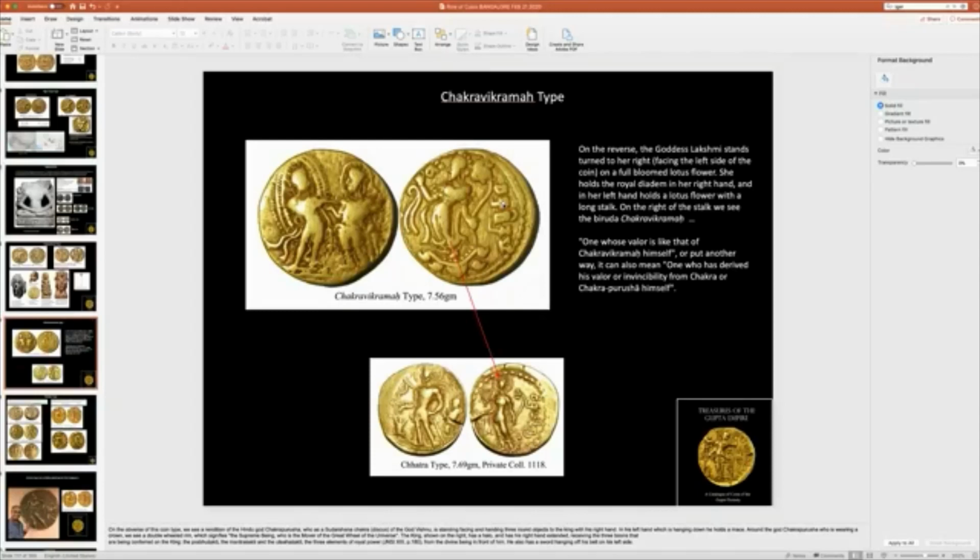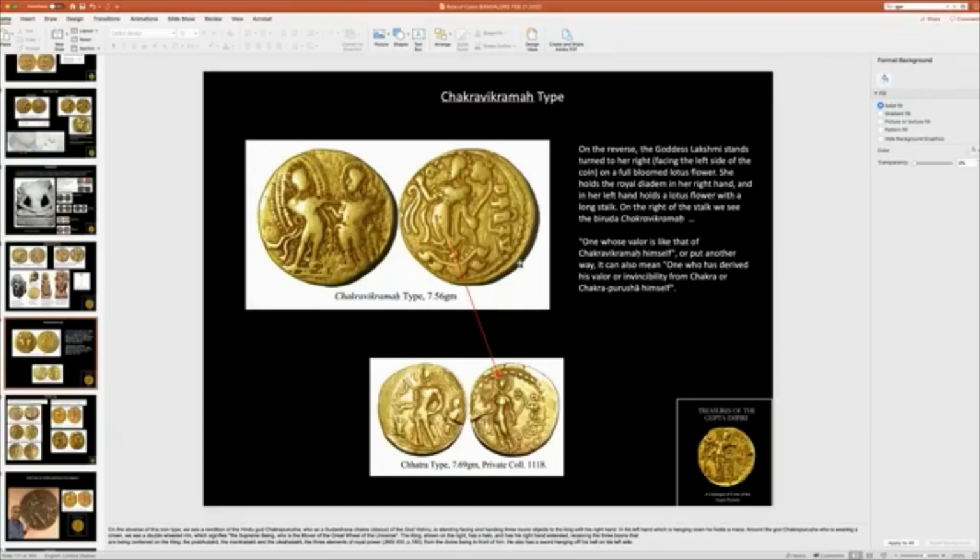Now, why was this issued by Chandragupta II? Because it says Shri Vikrama on the back, Chakra Vikrama right here, which is very similar to the Birud that we talked about in the past. Many kings have issued Shri Vikrama.